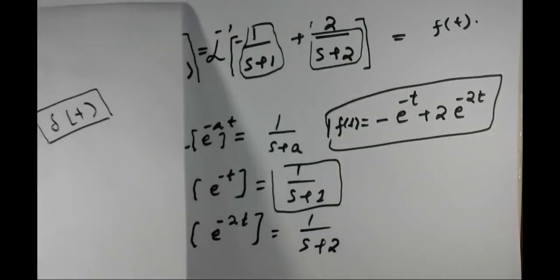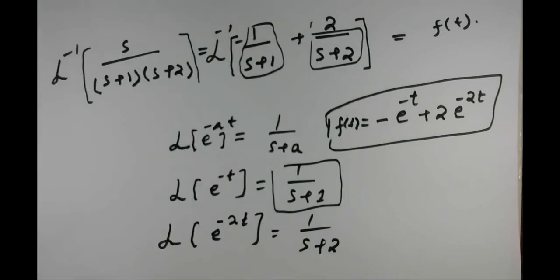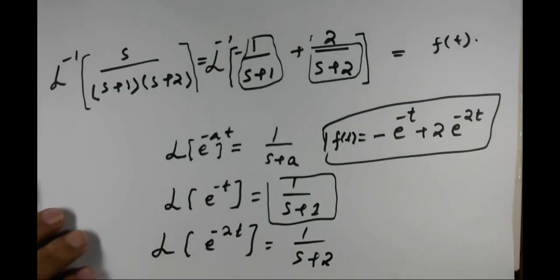That's why we are doing partial fractions. The one I did was for simple poles. I'll give you it as homework, not particularly an assignment, because for the assignment I'll give you problems.